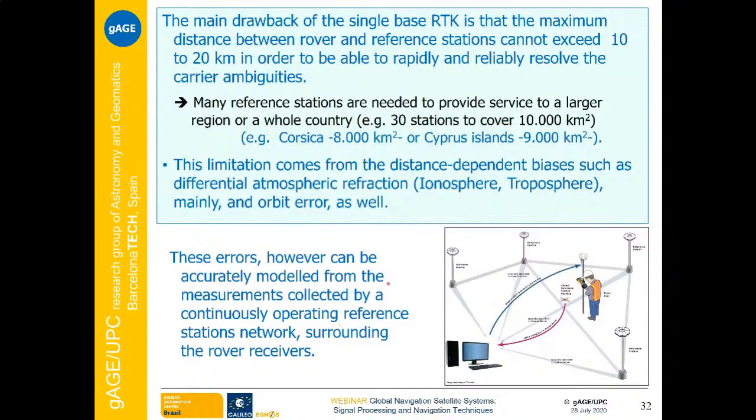Well, the idea in order to extend the baseline is to use a reference station network instead of using a single reference station, and using this network to compute an atmospheric propagation model in order to, generally speaking, mitigate the atmospheric propagation error.